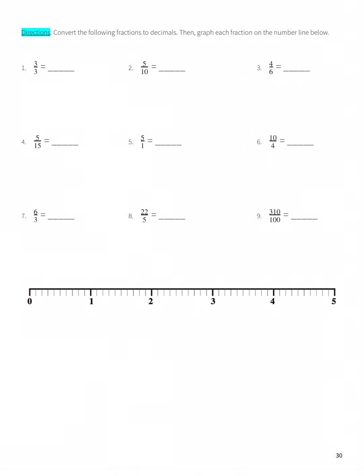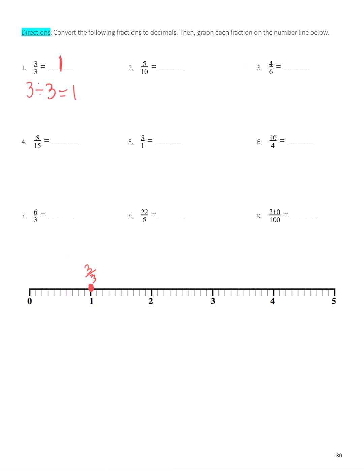So we have this first one right here. We have 3 over 3. In your calculator, you do 3 divided by 3, and that's a beautiful 1. 3 divided by 3 is equal to 1, and then you'd put your dot here for 3 over 3. Okay?